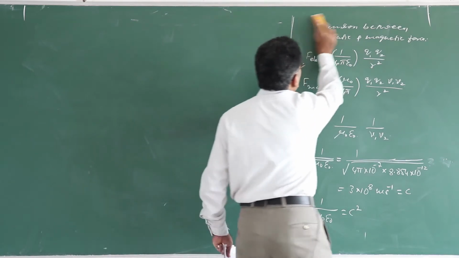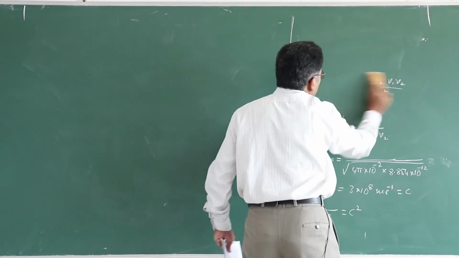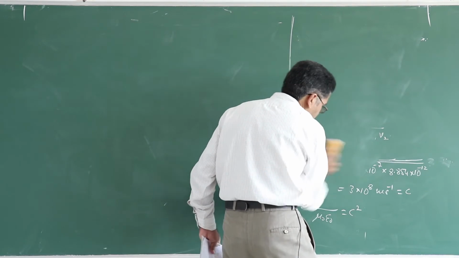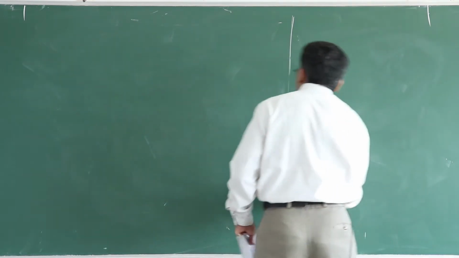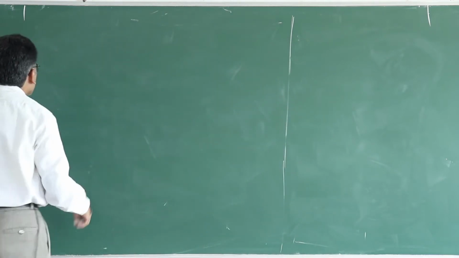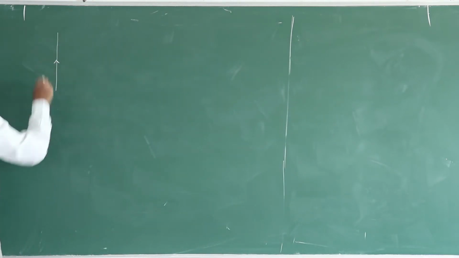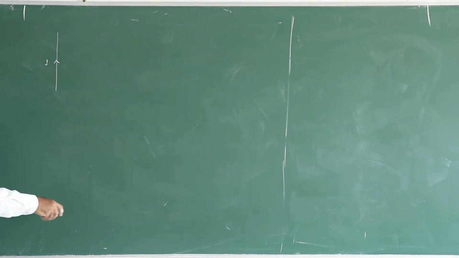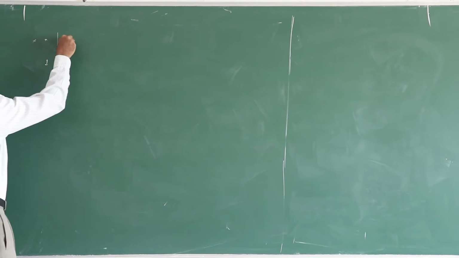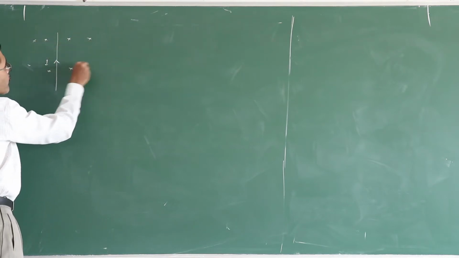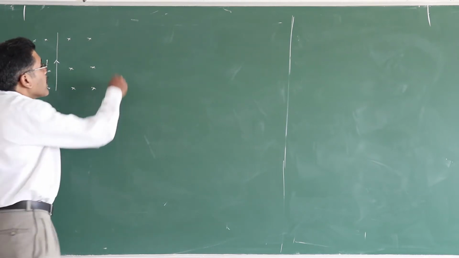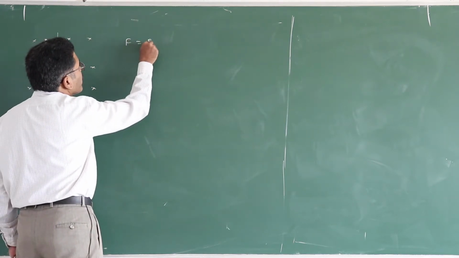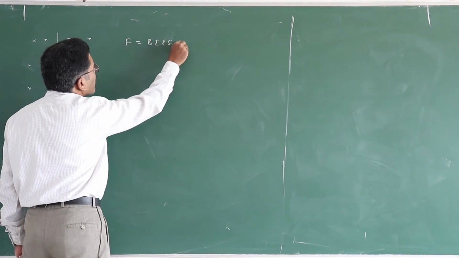So now let me take up the force experienced by a current carrying conductor kept in the magnetic field. You know that if a current carrying conductor is kept in a magnetic field, it experiences a force, and that force is given by BIL sin theta.